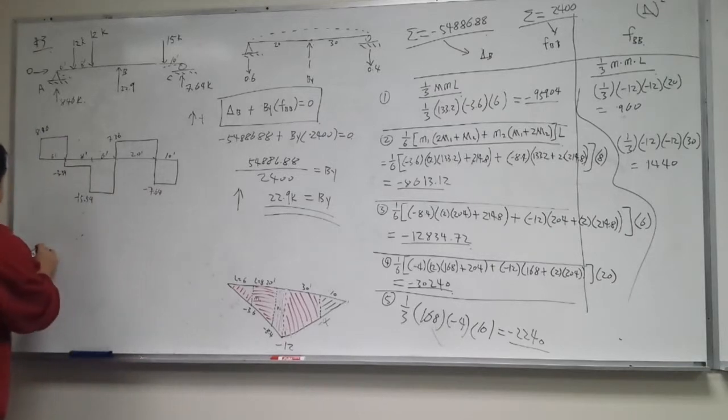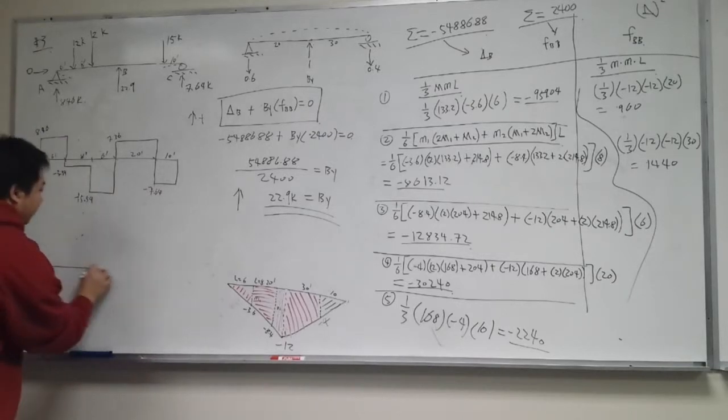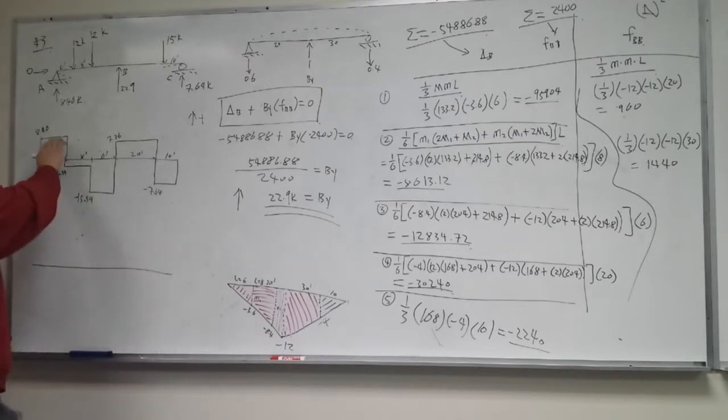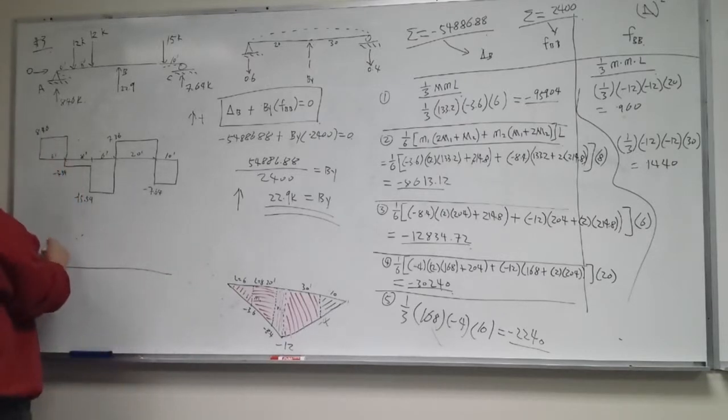So for moment, positive area, so you're going to have something like this. Linear, 50.76. Negative area is going to drop to 22.44.